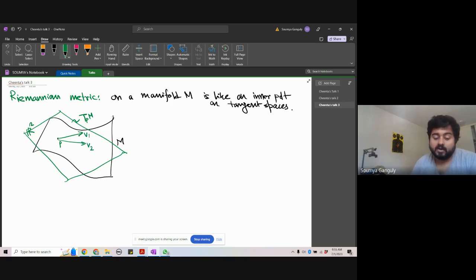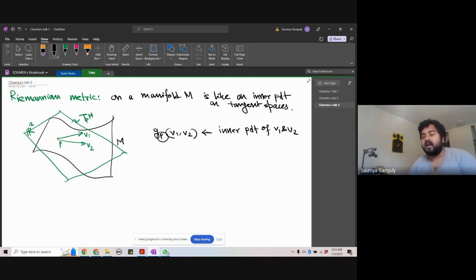So now you are defining an inner product with respect to this Riemannian metric. You write this as g_P(V1, V2). This is nothing but the inner product of V1 and V2, and this P is only denoting that everything is happening in the tangent space of P.